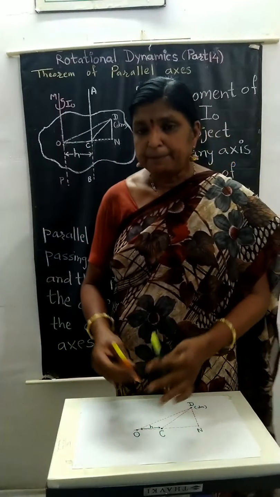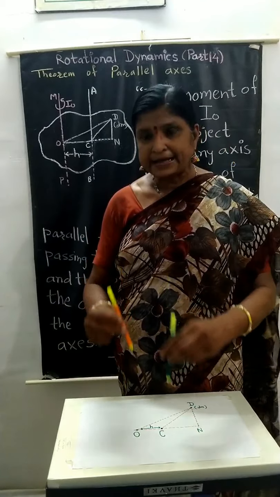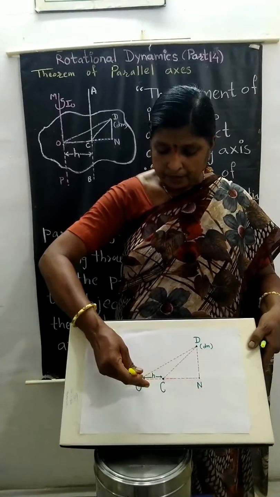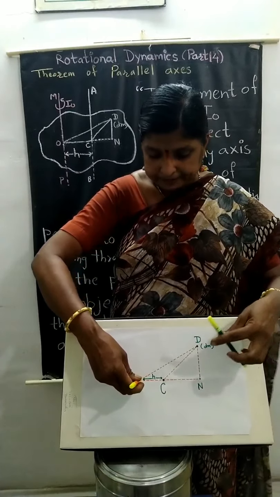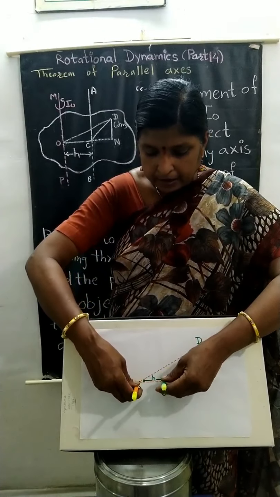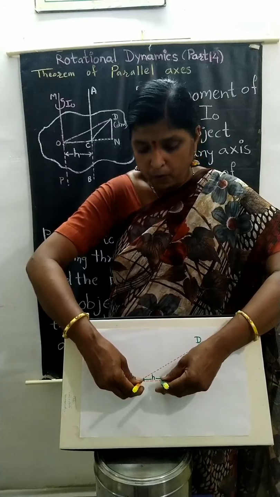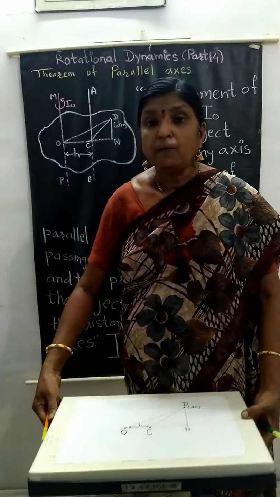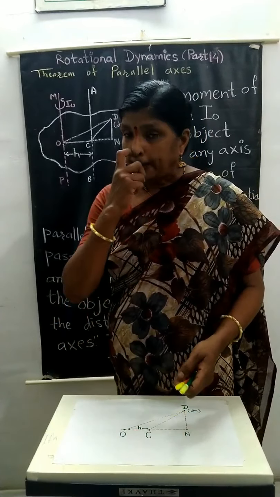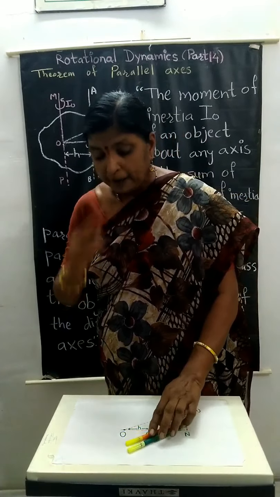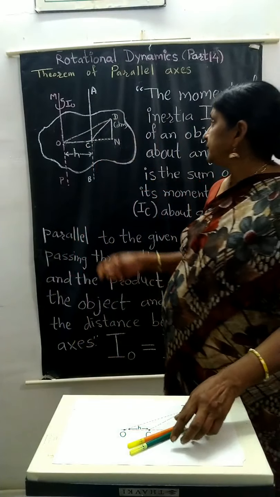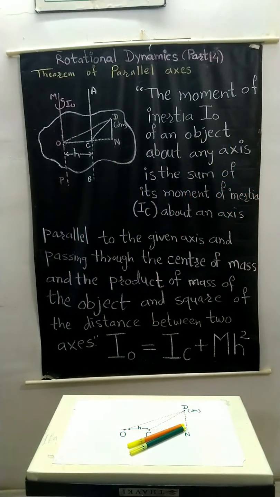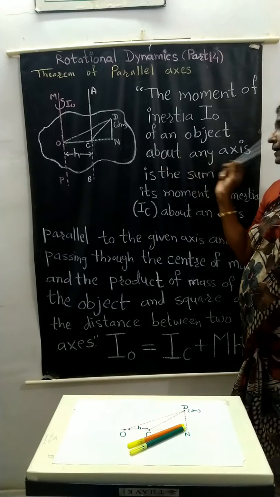Now, for simplicity, we are considering that the axis of rotation is perpendicular to the sheet, and here one is passing through point O and another is passing through point C. And now we are going to apply the theorem, or we are going to see what is the exact statement of the theorem. Here again, listen to the statement now.